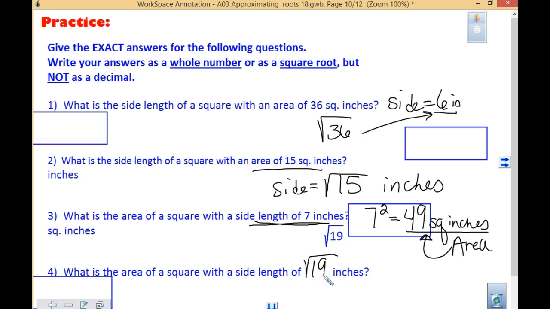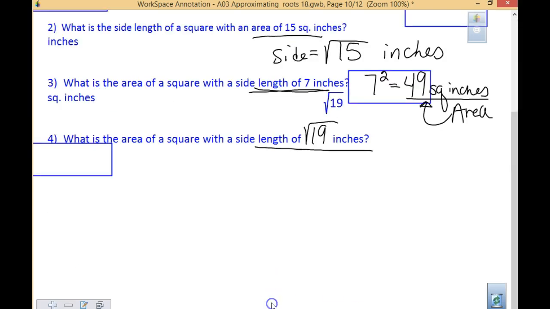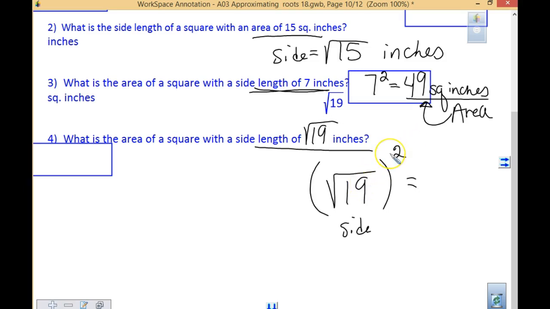If we know that the side is square root 19, how do we find the area? We take square root 19, the side, and we square it. What do these two things do to each other? They undo each other, right? So we get just 19 inches squared is our area.